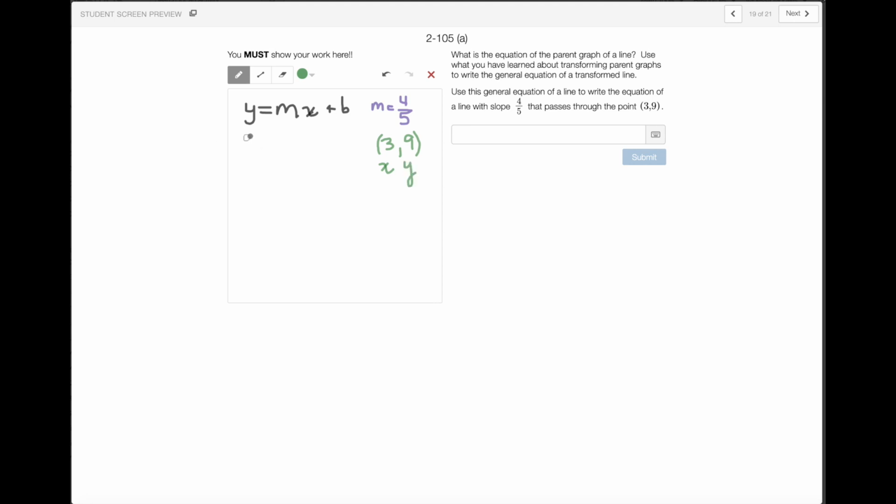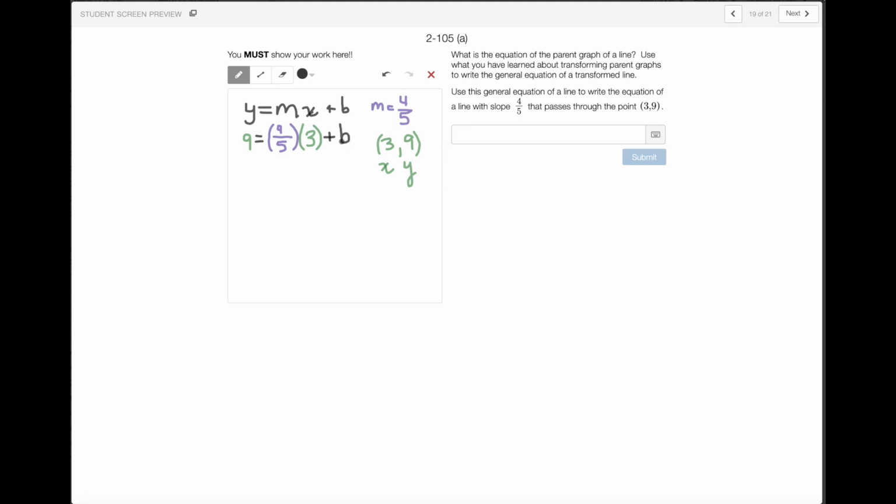So you can have 9 equal, I'm going to put parentheses, 4/5, close your parentheses, and then I'm going to put an x, and then you're going to solve for your b.